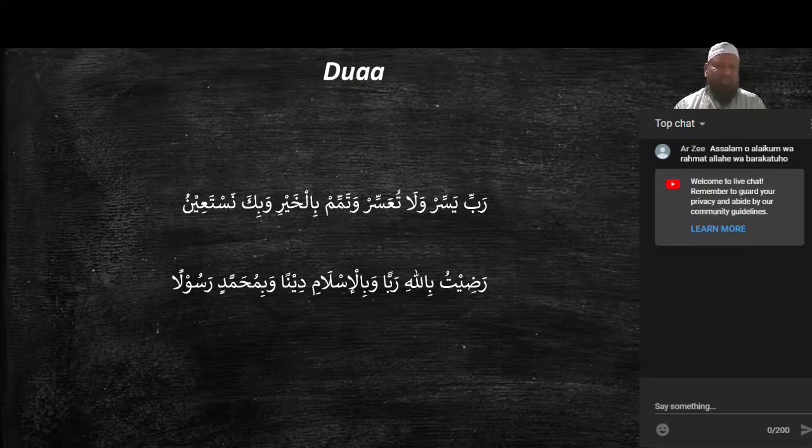In the previous lesson, we have learned the properties of a fi'l. A fi'l has 5 properties. Number 1, al-i'rab. Number 2, az-zaman. Number 3, al-naw'. Number 4, al-adad. And number 5, muthbat and manfi.